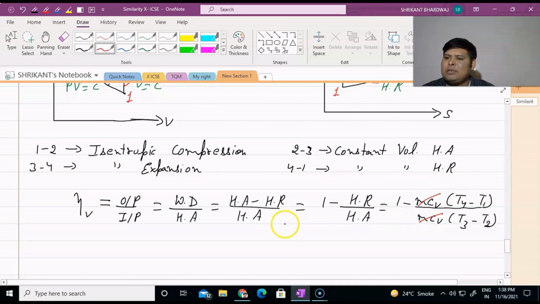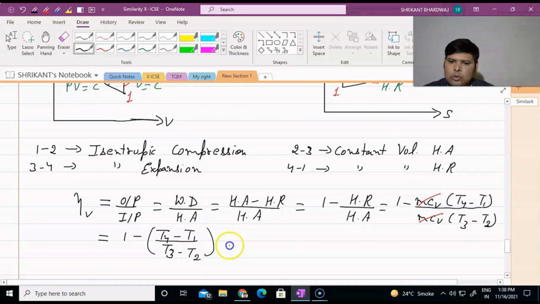M is mass and Cv is specific heat at constant volume. So what we are having here: 1 minus T4 minus T1 upon T3 minus T2. Let this be equation A.